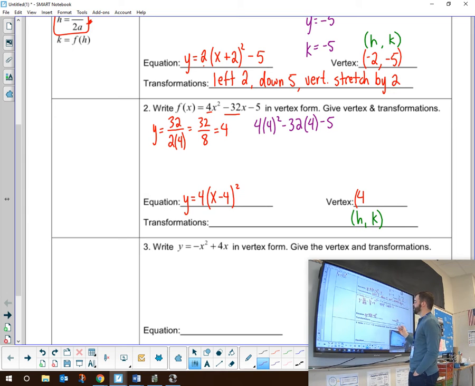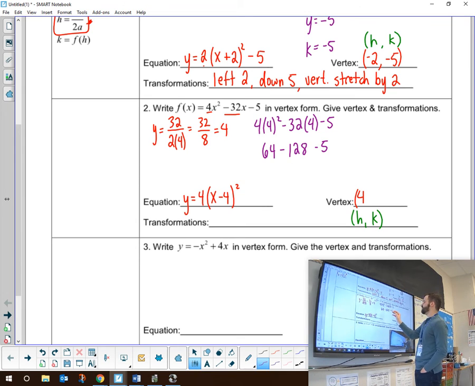All right, 4 squared is 16. 16 times 4 is 64. 32 times 4 is negative, not 64. Let's see, that's going to be 128. So we're going to have negative 128 minus 5.